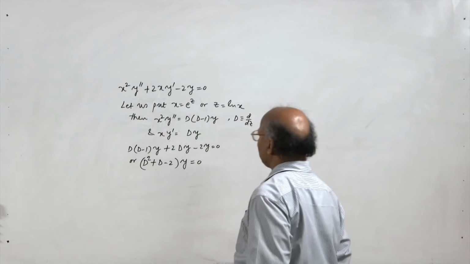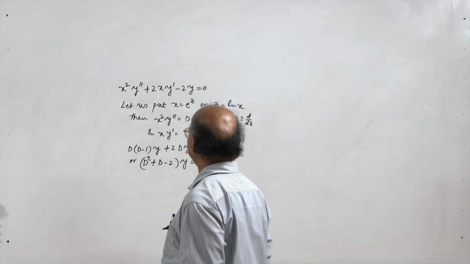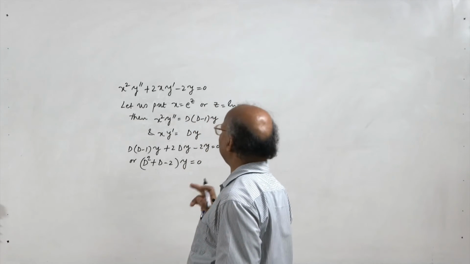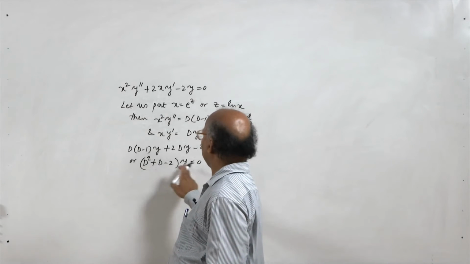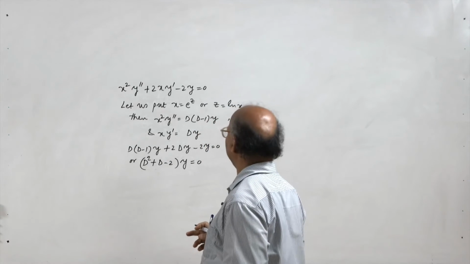Now this is a second order linear differential equation with constant coefficients. The dependent variable is y, the independent variable is z. We have d square y over dz square plus dy by dz minus 2y equal to 0.